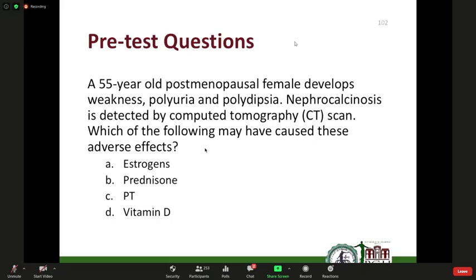And the question is, which of the following may have caused this adverse effect of nephrocalcinosis? No? And who can guess at the answer? Ito PTH ata to, parathyroid hormone. Hindi lang na-complete yung question. The answer is actually vitamin D. This is an adverse drug reaction of hypervitaminosis that you can develop actually nephrocalcinosis.